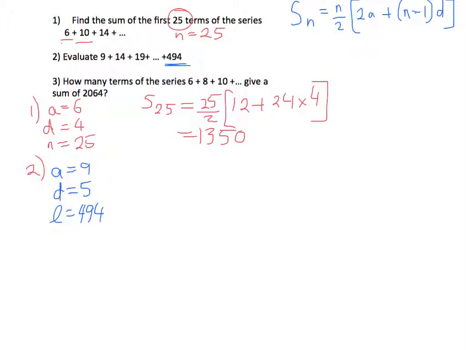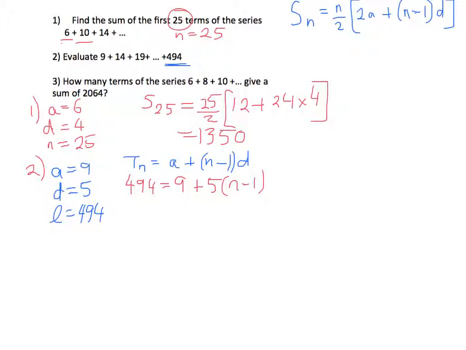So we're going to have to use the formula for the nth term of an arithmetic series, Tn equals A plus n minus 1 times D, to find what n is. So substituting in there, the nth term is 494, A is 9, n minus 1 is what we want to find, and D is 5.